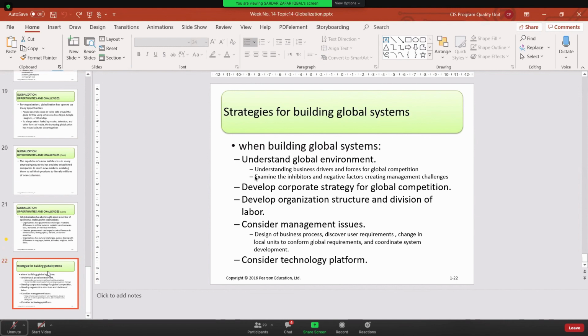Consider the technology platform, which is the most important thing nowadays. Before starting the business, you must consider the technology platform, how you are going to use it and which technology you are going to use. These are the generic steps for building a global system, because the system will serve in different countries.